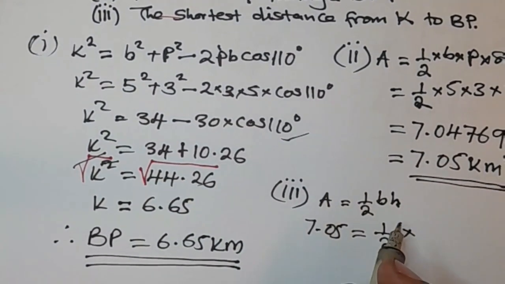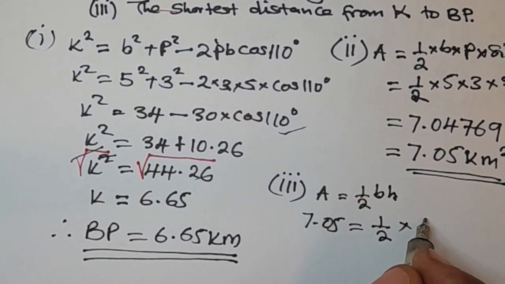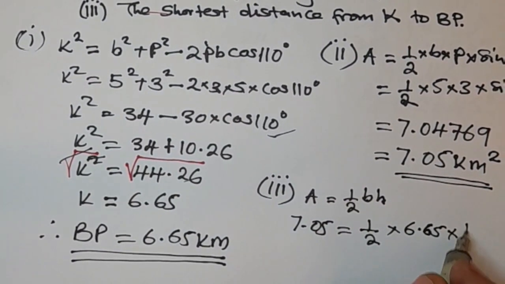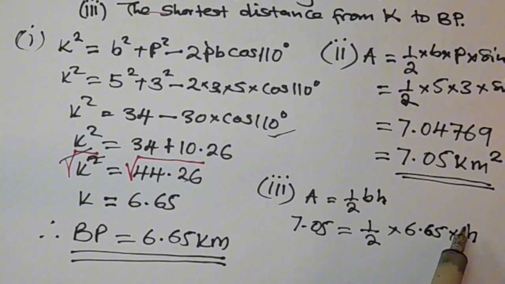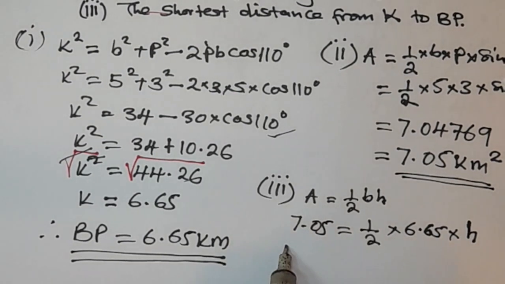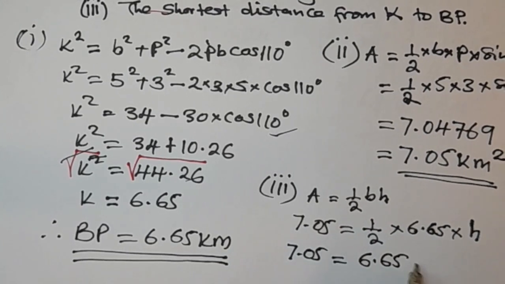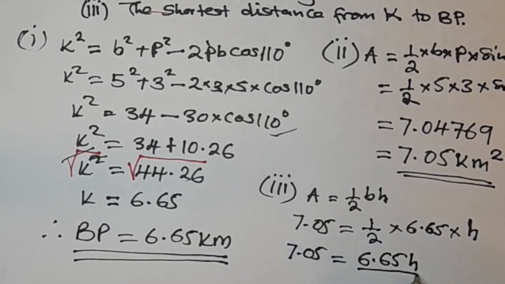So we are going to say half times 6.65 times the height, which is h, the shortest distance we are looking for.